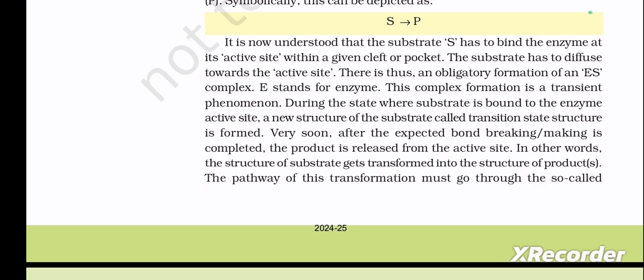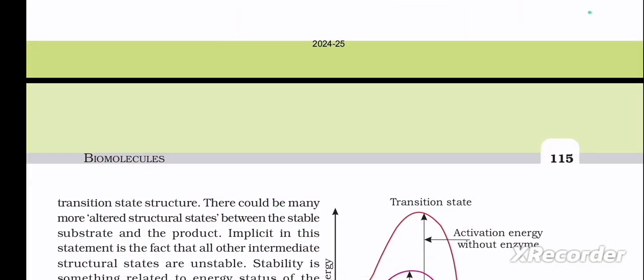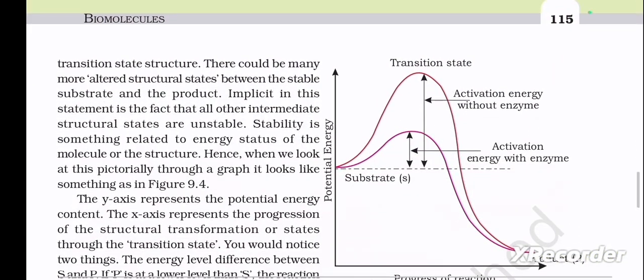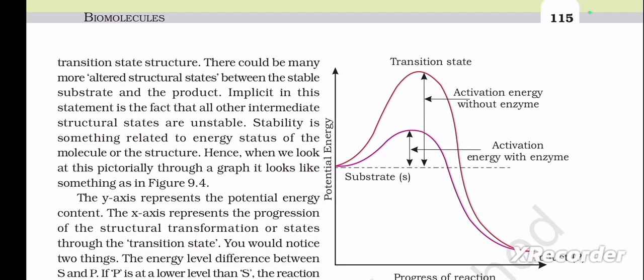The pathway of this transformation must go through the so-called transition state structure. There could be many more altered structural states between the stable substrate and the product. Implicit in this statement is the fact that all other intermediate structural states are unstable.